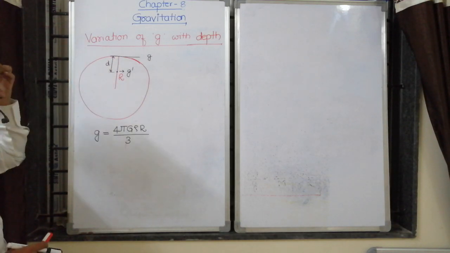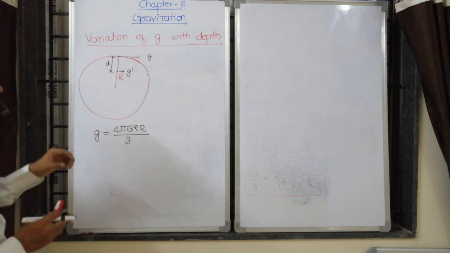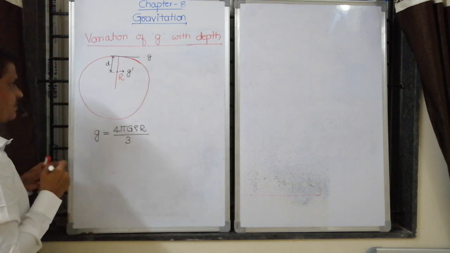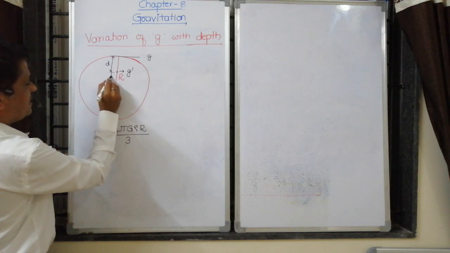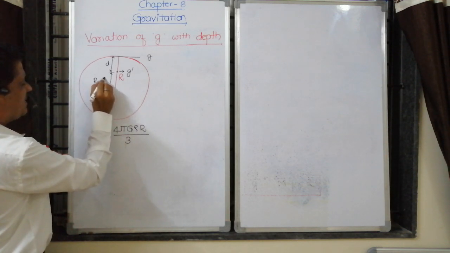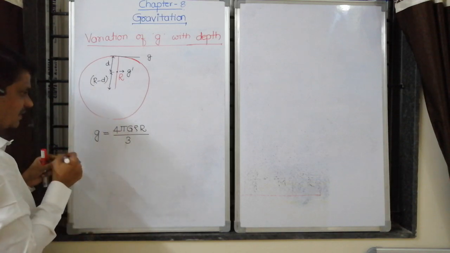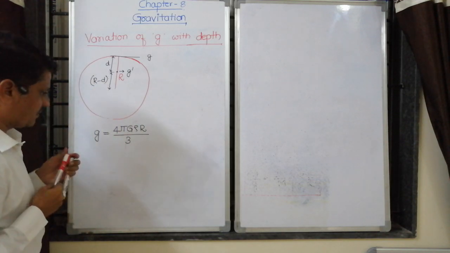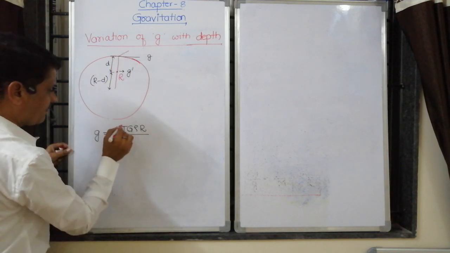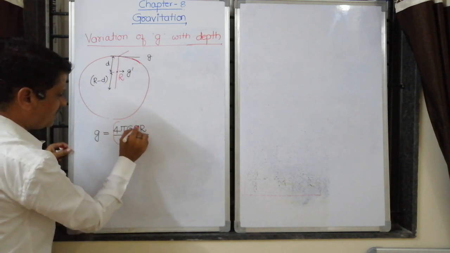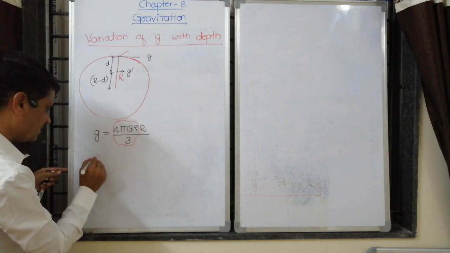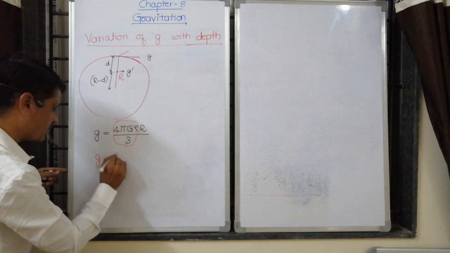So today I want here, that is at a distance this much. This is nothing but what? R minus d. So you know, in this expression, whether you take on the surface of the earth or here, 4 pi G rho by 3 remains same. That's why g is directly proportional to r.